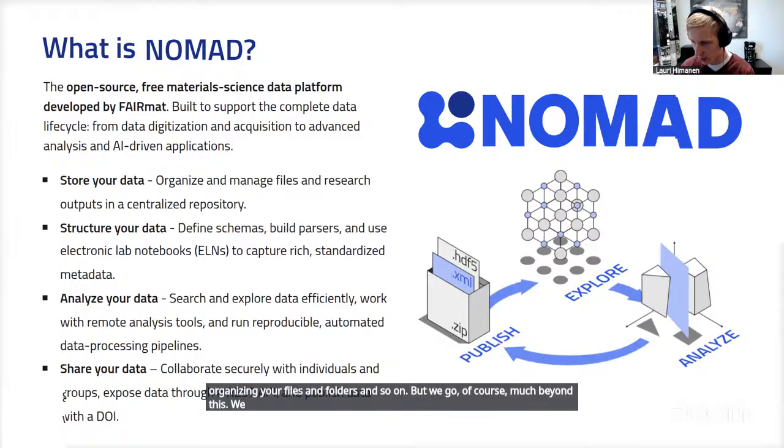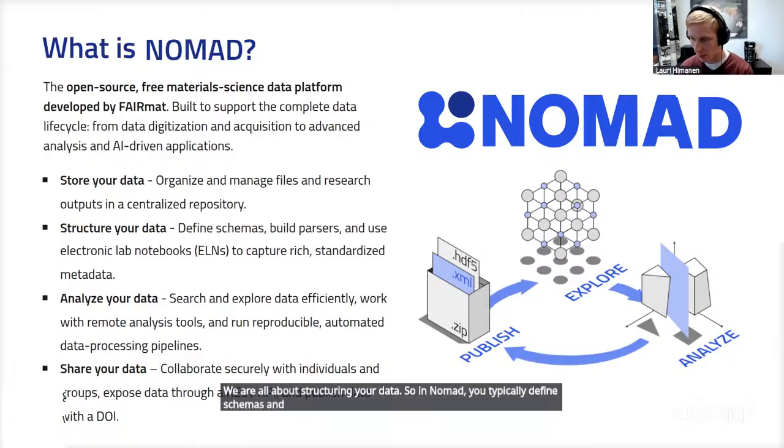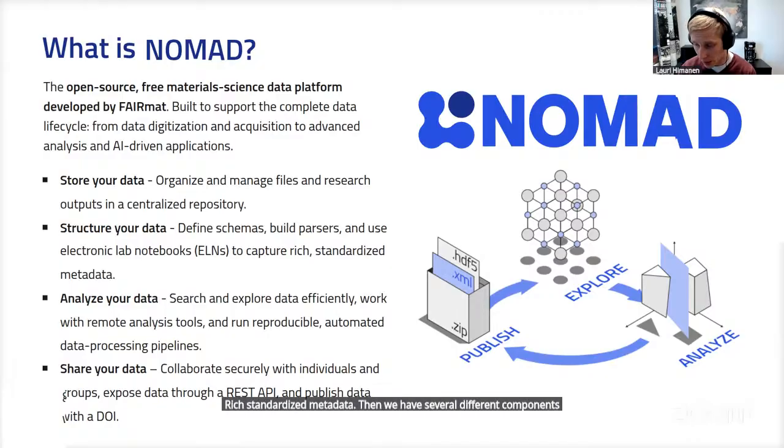We are all about structuring your data. So in NOMAD, you typically define schemas and build parsers that map your data into these schemas. And we also support electronic lab notebooks to capture rich standardized metadata. Then we have several different components for analyzing your data.